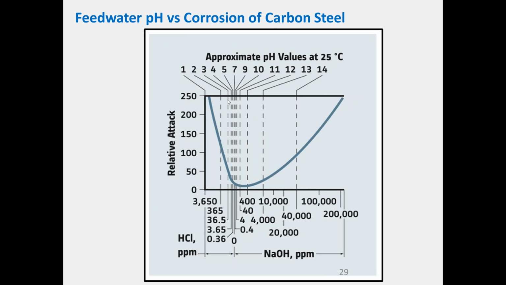And as we increase this pH, that corrosion rate really comes down. We actually get down to a minimum here. About 9.8 to 10 is the minimum, what we call the ferrous ion solubility minimum for carbon steel. It basically wants to be at that pH, and then as we go over that pH, up into the high alkaline states, the corrosion rate starts to increase again.